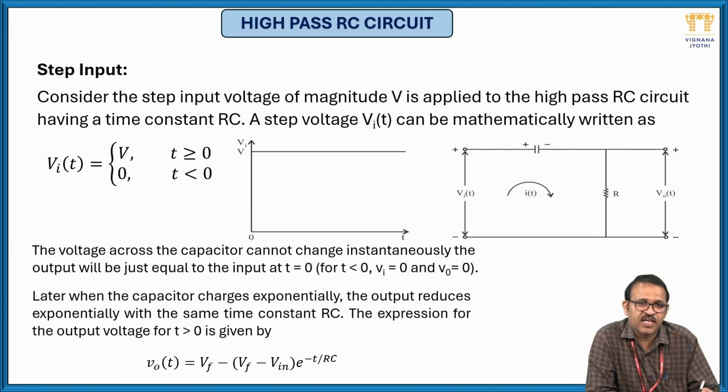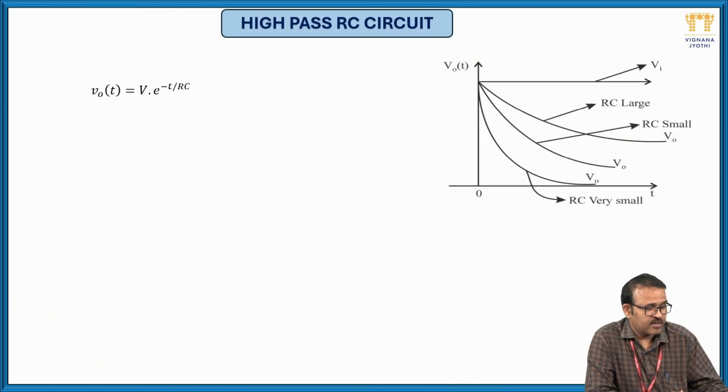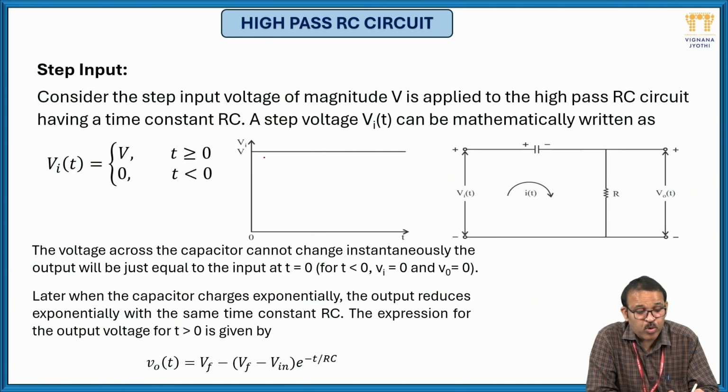The expression for the output voltage for t greater than or equal to 0 is V0 of t is equal to V final minus V initial into e power minus t by RC. Here the output is exponentially decreasing towards 0. The initial value is V volts and the final value is 0.